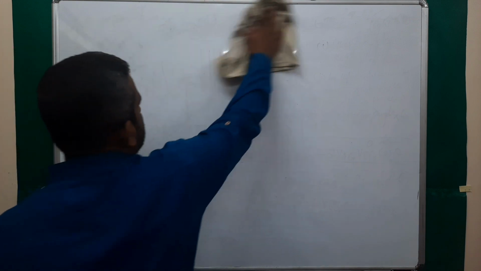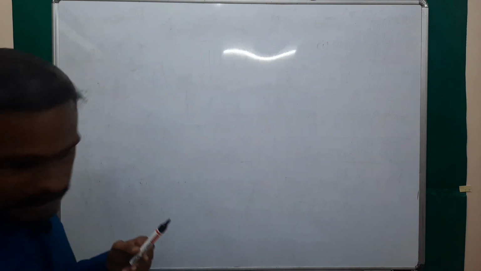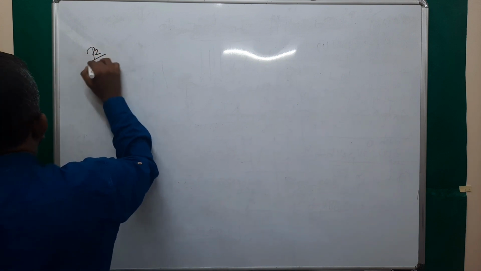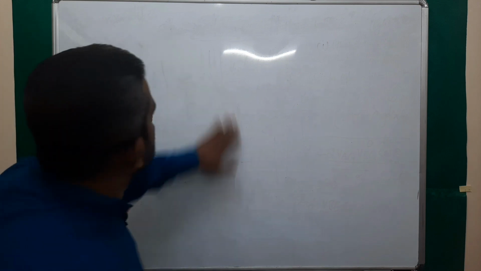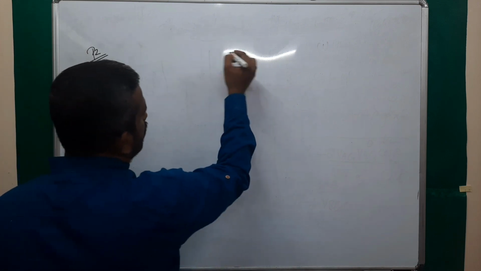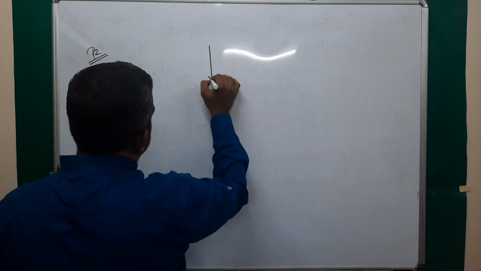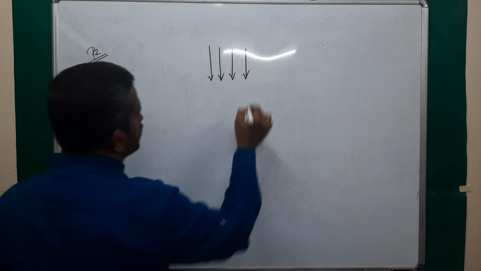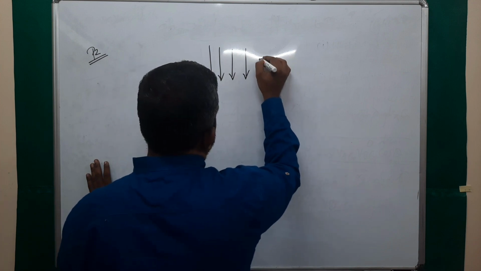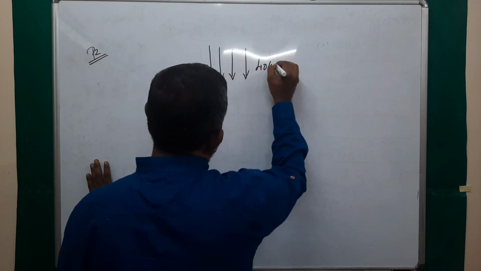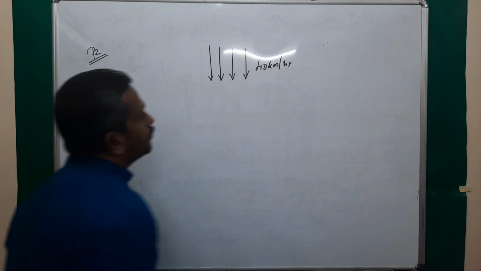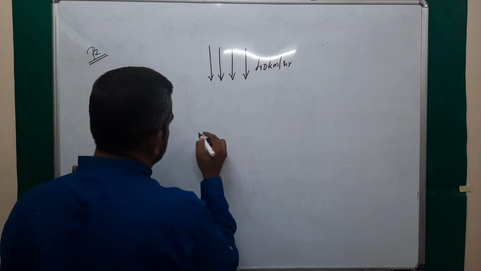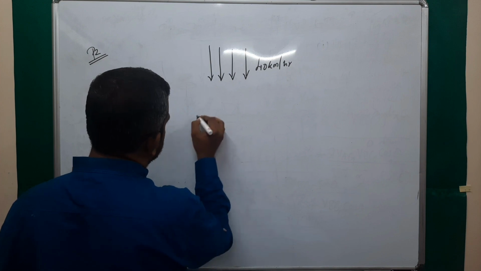So second question. So the rain is falling vertically downwards with a speed of 40 kilometer per hour. A man is riding the cycle.